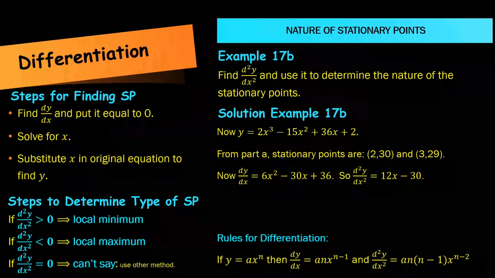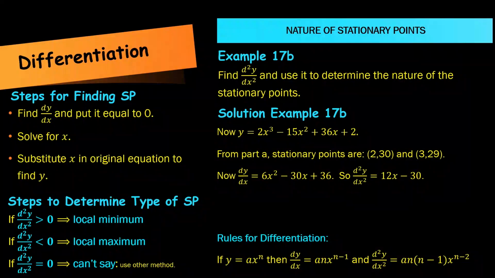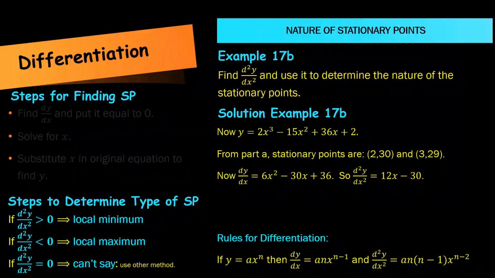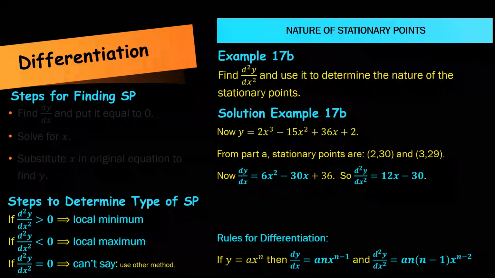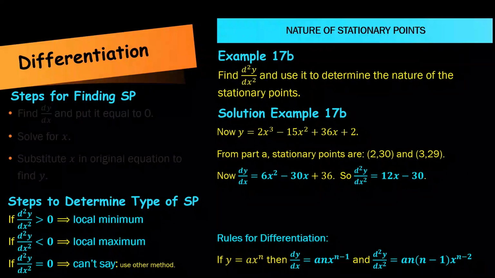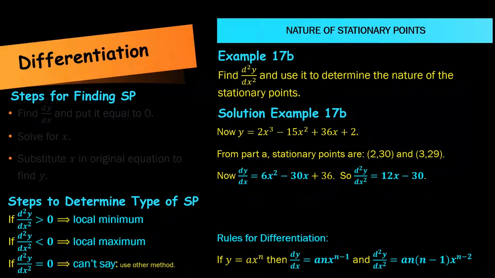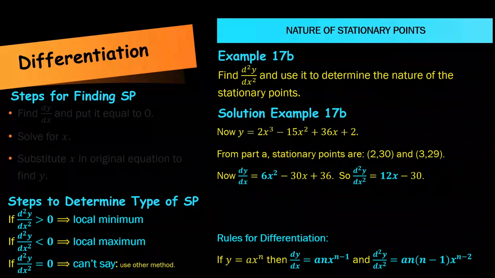Applying the formula a second time, we obtain d2y dx squared equals 12x minus 30. Remember that differentiating 6x squared gives us 12x, and differentiating minus 30x plus 36 gives us minus 30.